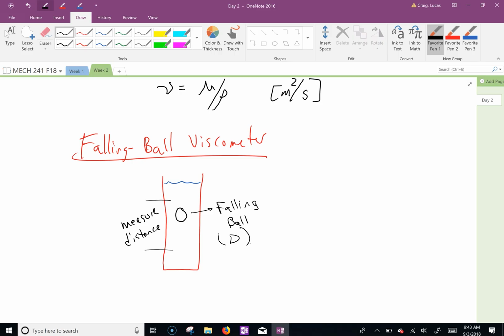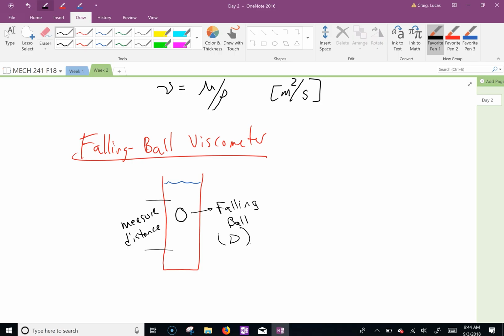Yes, it gets to a terminal velocity, and that's when the drag force is equal to the weight of your object. You're no longer accelerating. So when we do this, it has to be far enough down where we measure. It has to be in its terminal state. Otherwise, it's still increasing and you can't find an average. Its velocity isn't going to be average.